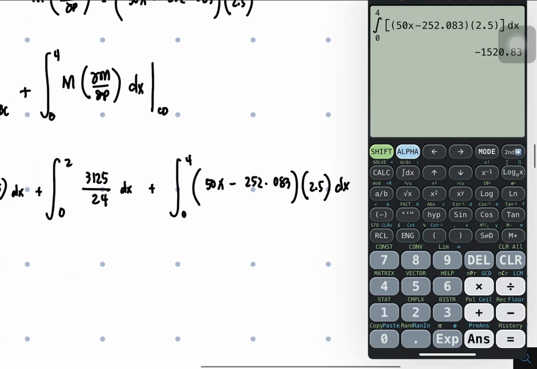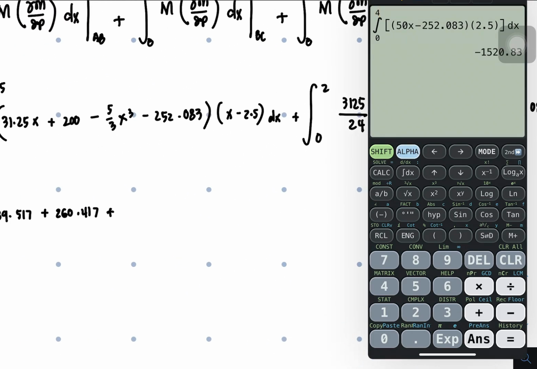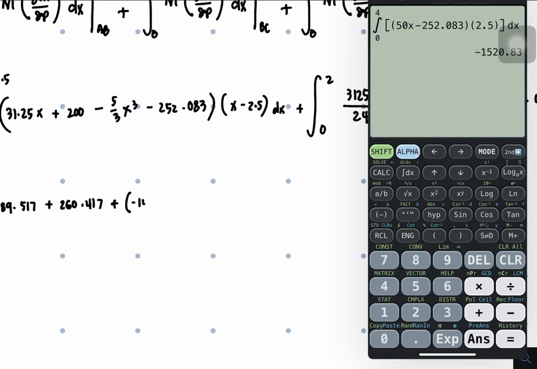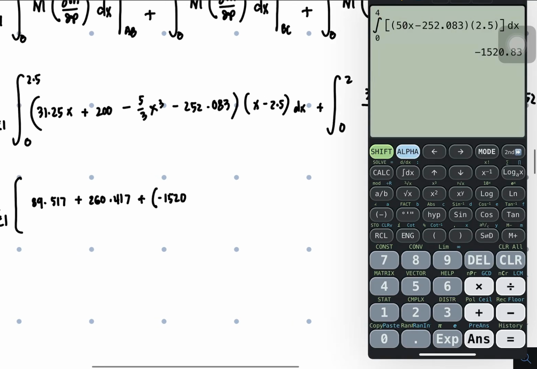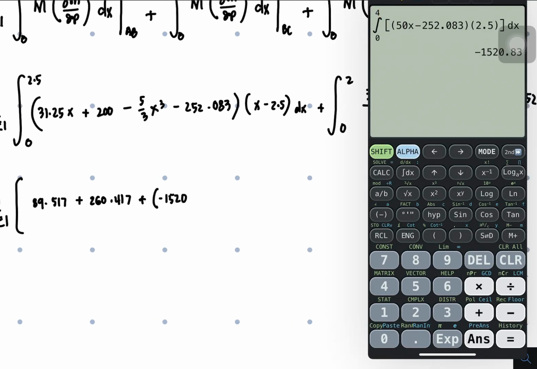It's negative 1520. So this is negative 1520.83.